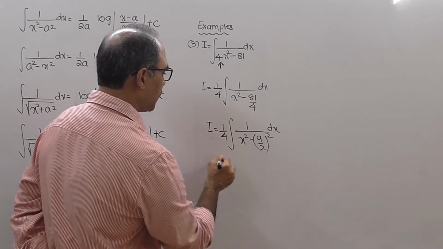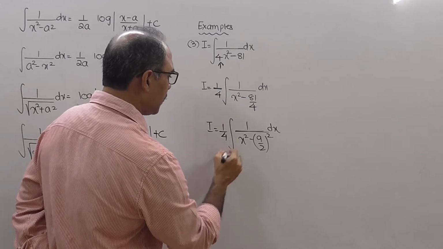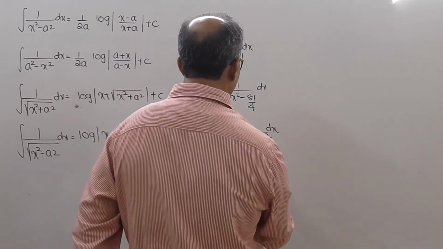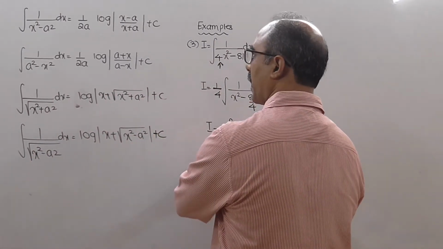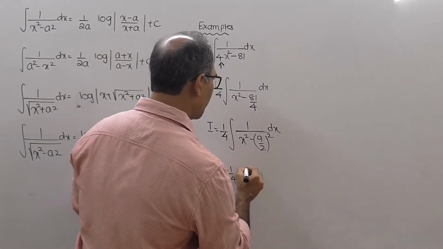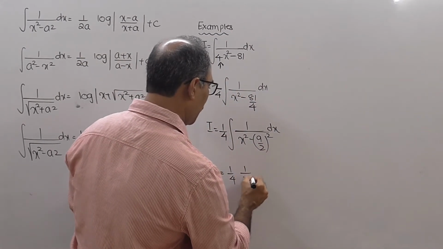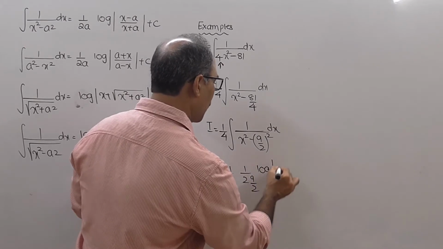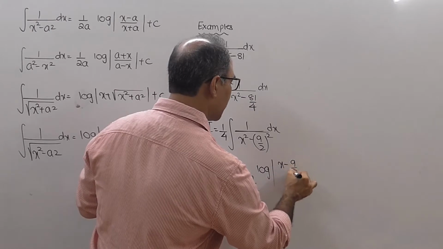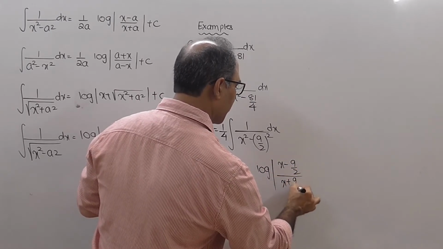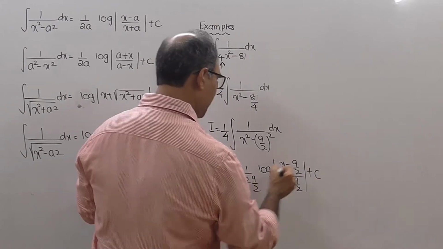So I equals 1 upon 4. Now this is in the form of integration 1 upon x square minus a square. So this is 1 upon 2a, meaning 1 upon 2 into 9 by 2, log modulus x minus a upon x plus a plus c.